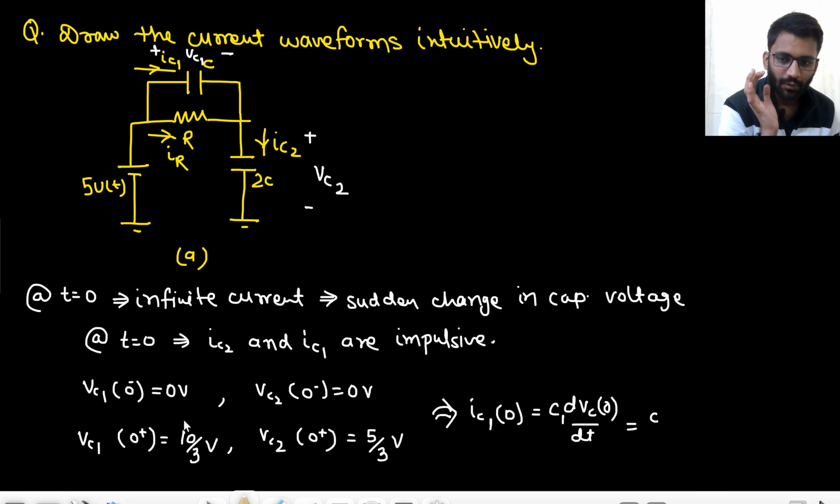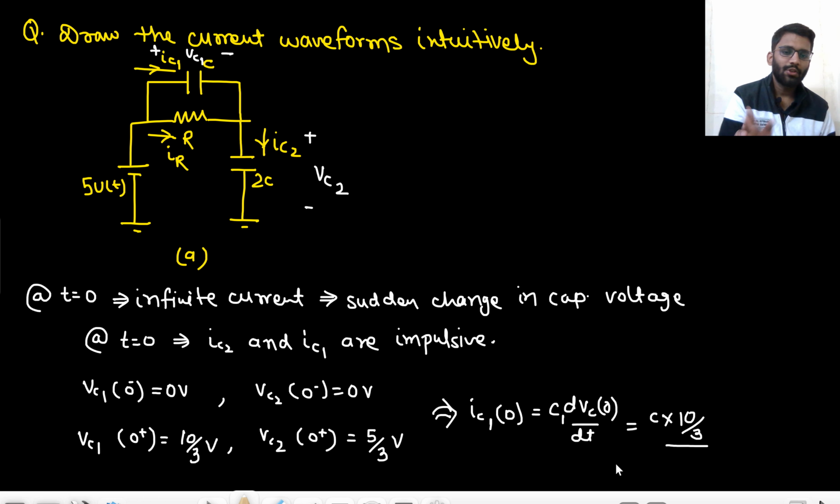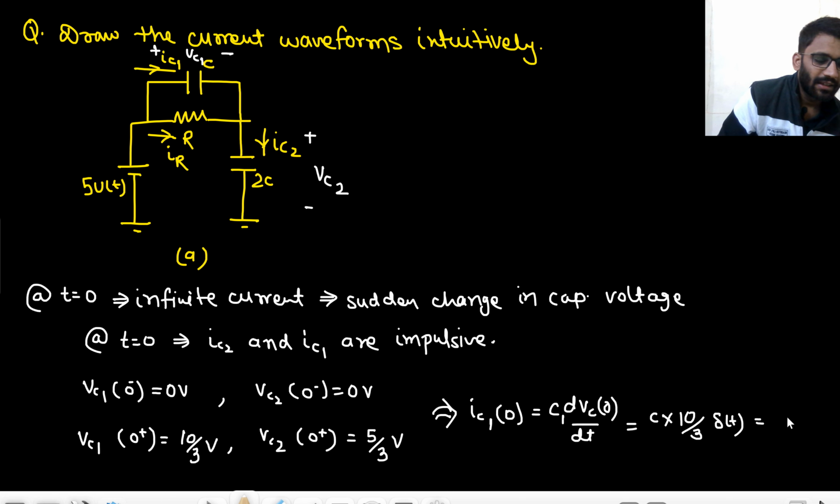Change in capacitor voltage from 0 to 10 by 3, divided by time, from 0 minus to 0 plus. Time is 0 only, and if the time is 0, that means it will become delta t. So simply what is the current? The current is 10C by 3 delta t.